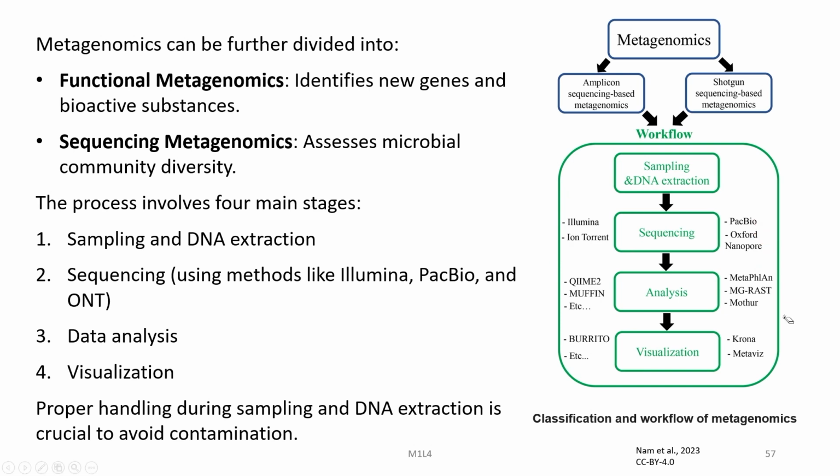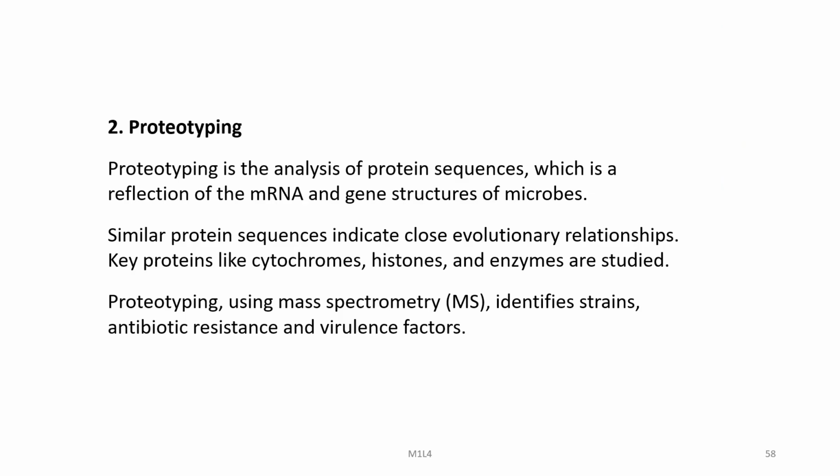Commercial providers and vendors help us in this step. Then we go for the data analysis step, and finally the visualization. Proper handling during sampling and DNA extraction is crucial to avoid contamination, and it would give confusing or false results.